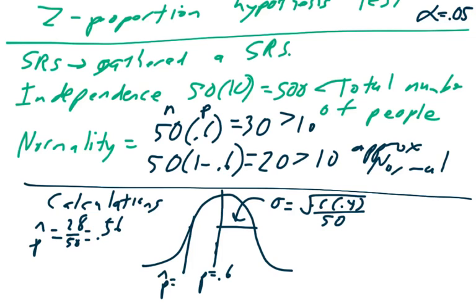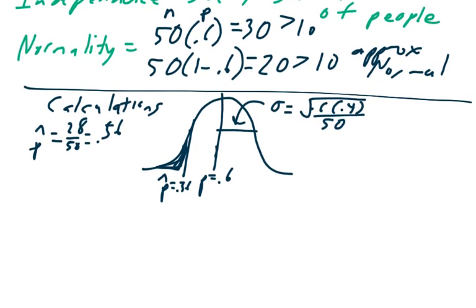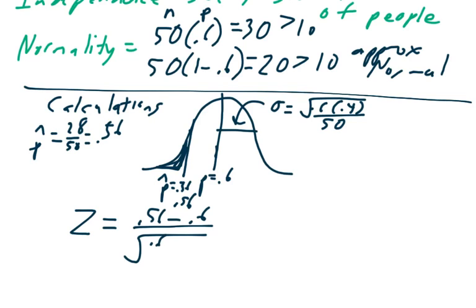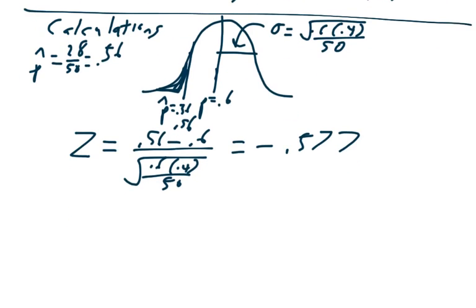So P hat equals 0.56, and we're trying to figure out this part. So the best thing for me to do is to find out what Z is. Z equals 0.56 minus 0.6 divided by the square root of 0.6 times 0.4 over 50. So that gave me a Z-score of negative 0.577.